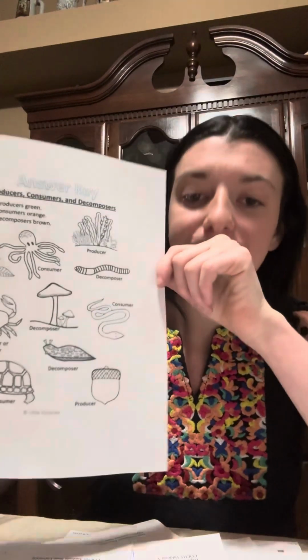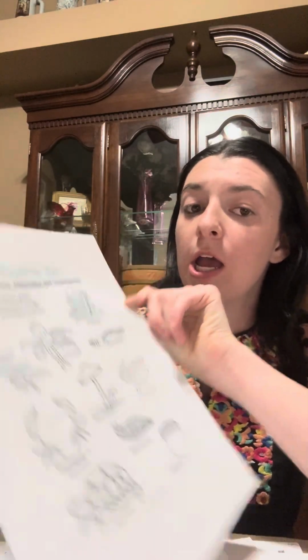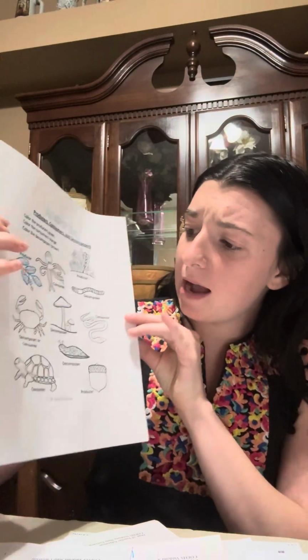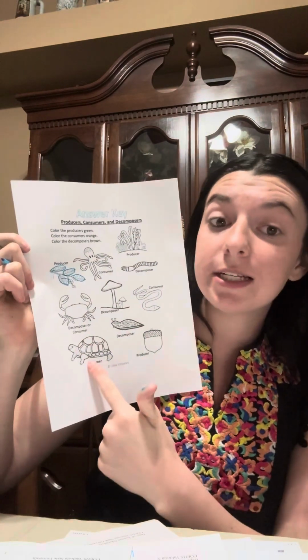Like I said, you're gonna create a drawing just like mine. So I have a producer right here. So let's say that I am gonna color producers blue, right? I drew my plant and now I colored it in blue. Well, now I found a consumer, which is a turtle.